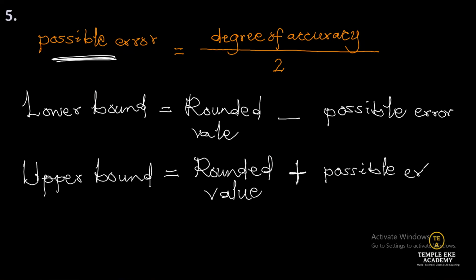By adding the possible error to the rounded or estimated value, we obtain the upper bound. And by subtracting the possible error from the rounded or estimated value, we have the lower bound. Beautiful. Now, once we have the lower bound and the upper bound, we can describe what we call the error interval in an inequality.